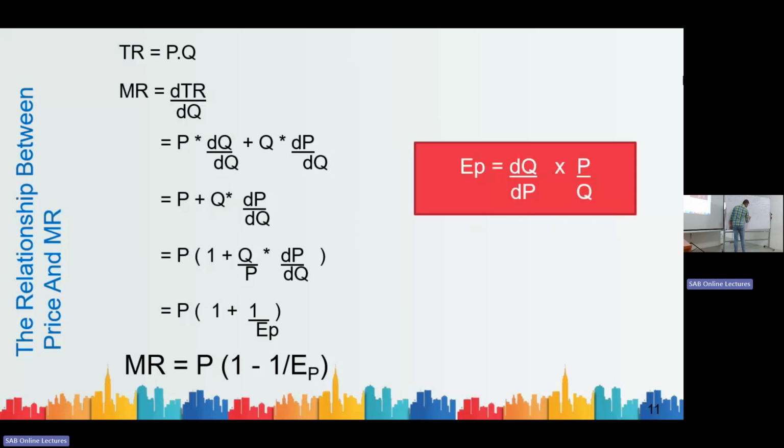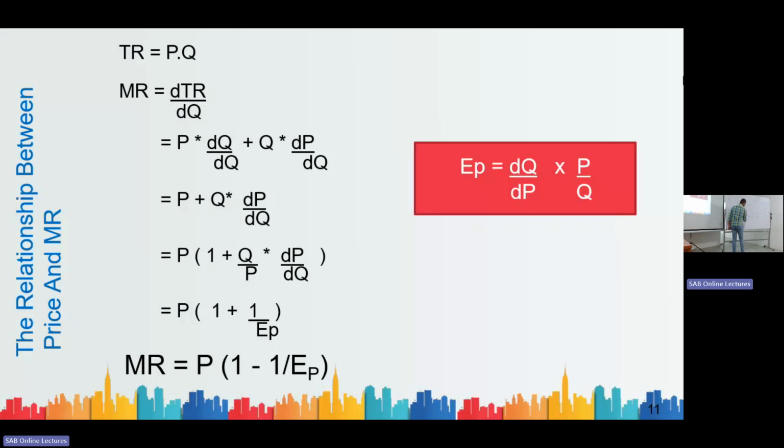So the slope of the inverse demand curve is delta P over delta Q.